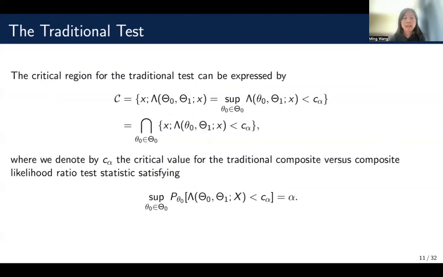However, for the traditional test the critical region big C is defined as the following equation, where we denote by c alpha the critical value for the traditional composite versus composite likelihood ratio test satisfying this equation.